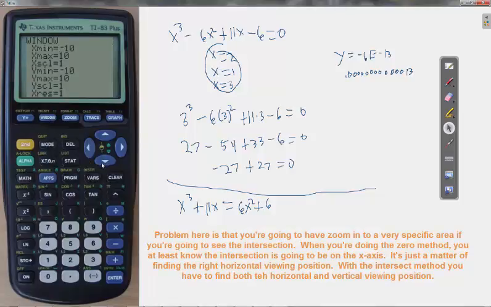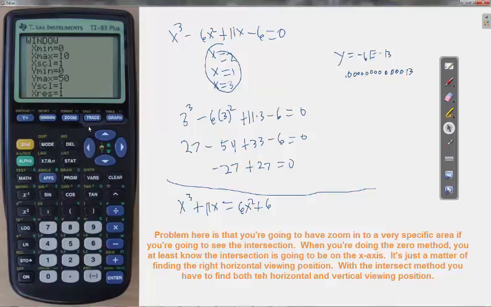So let's say window is 0 to 50. Let's change my X min, 0 to 10.